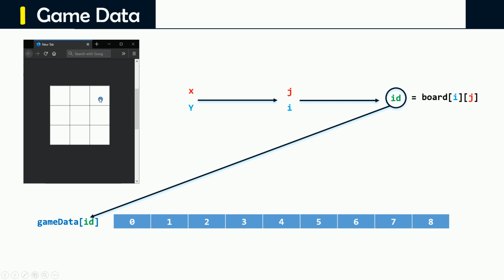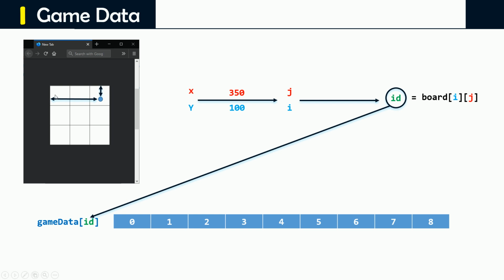What we're gonna know is the X position of where he clicked, for example 350 pixels, and the Y position of where he clicked. So we knew the X by knowing the J number and the Y by knowing the I number, the number of the rows. Now we're gonna determine the numbers J and I from X and Y.